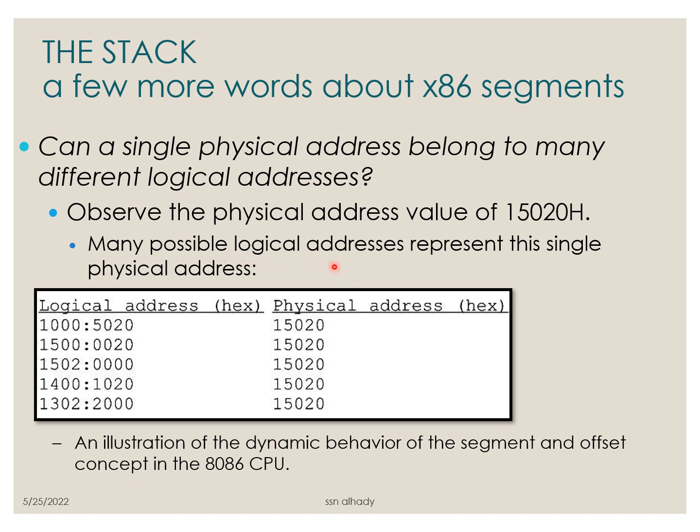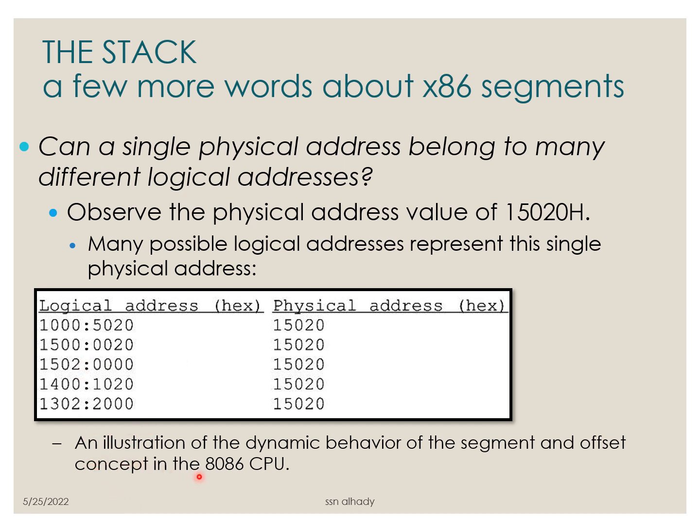Many possible logical addresses represent the single physical address. This is all the same physical address, which can be represented by different logical addresses. Okay, if you look here, it is 1000 and the rest of it.